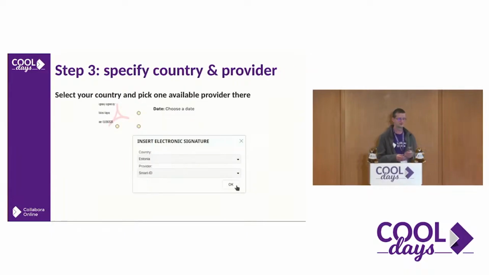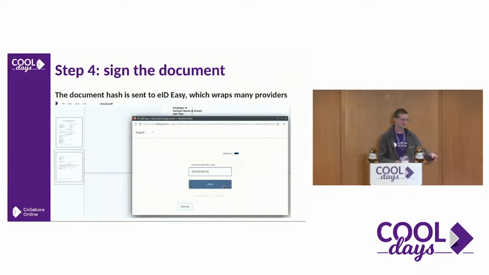Then you need to select your country, and based on your country you can have one or more providers which can somehow make this connection between your PDF file signing and yourself as a human or citizen of some country. And this is a demo case where Estonia is handing out lots of test identities for developers.